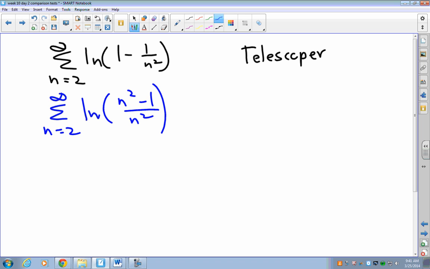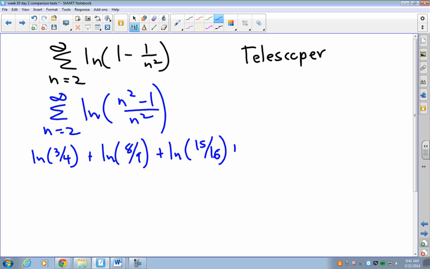When I plug in 2, I'm going to get ln of 3/4 plus ln of 8/9 plus ln of 15/16 plus ln of 24/25 plus ln of 35/36.